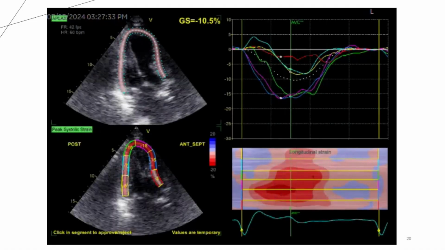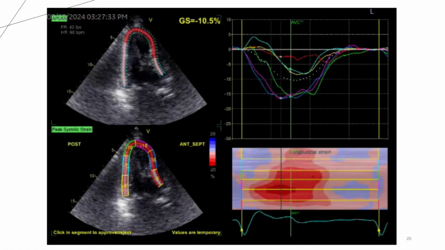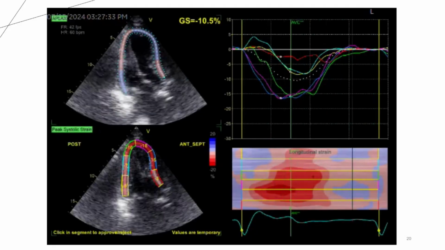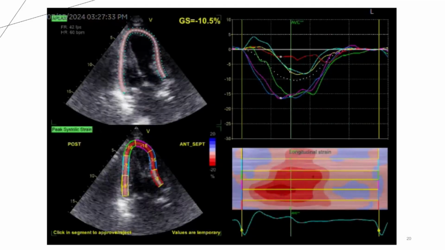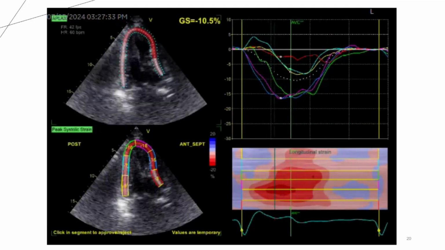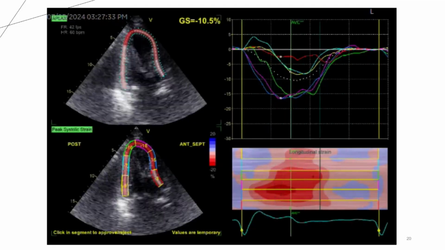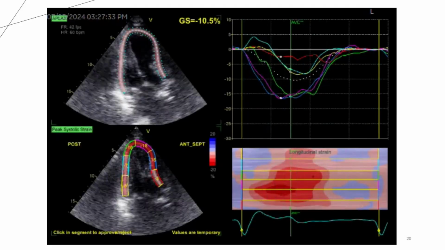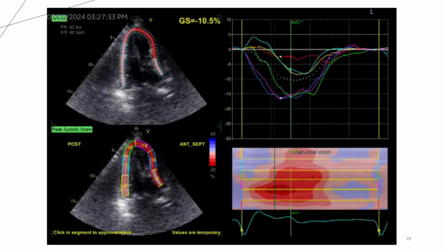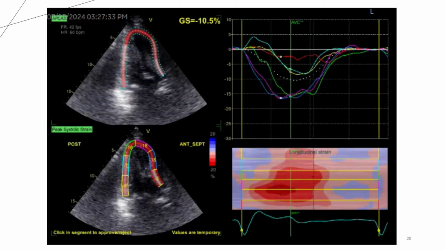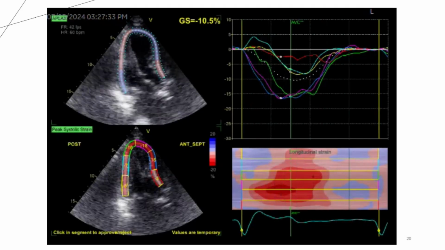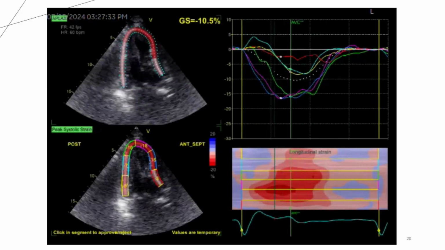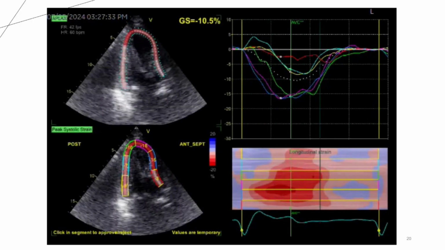What strain does is measure how far apart they are at one part of the cycle and how close together they get. Remember how I said the heart twists and moves and slides on itself, and it's also thickening and moving? Well, if you can measure every point in the heart in relation to all the other points around it, then you can get a very complex, very multifaceted read on how the heart is doing.